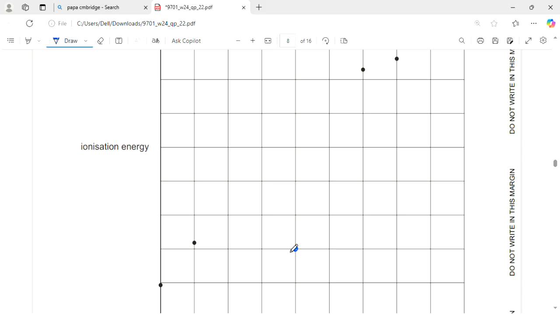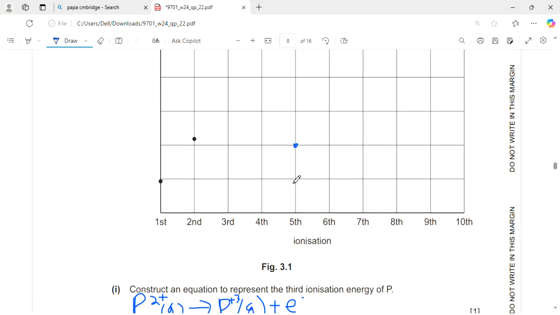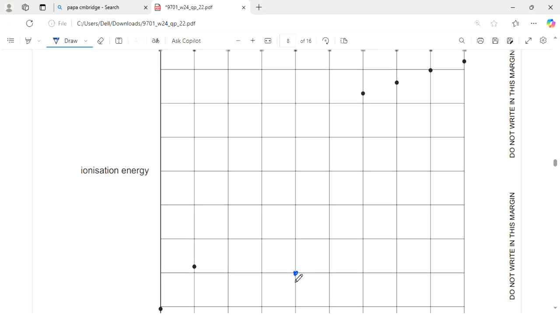So we have the largest increase between the fifth and sixth. You can draw from anywhere, but be careful, there is a larger, greater distance.